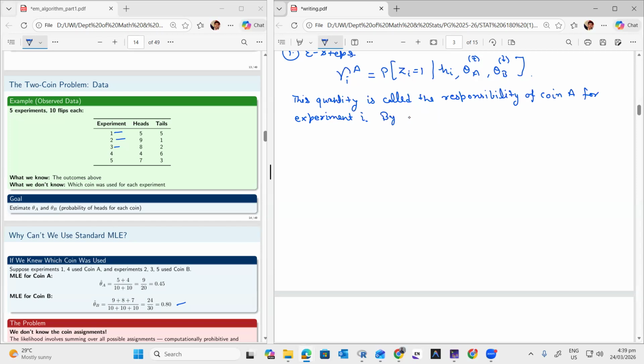By Bayes theorem, because we know that the head is occurring, but we do not know which coin was used. If you remember the examples we did in Bayes theorem, we had a defective piece from each machine, say machine A, B, C, D, and we know the percentage of defective pieces from each machine.